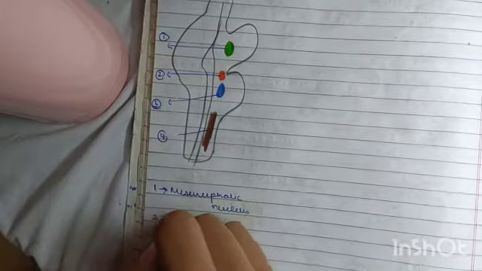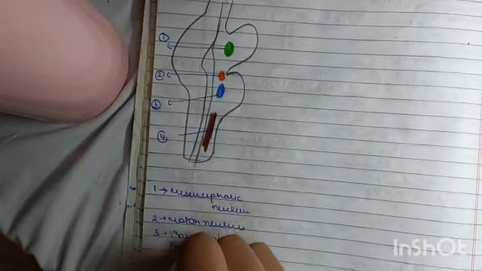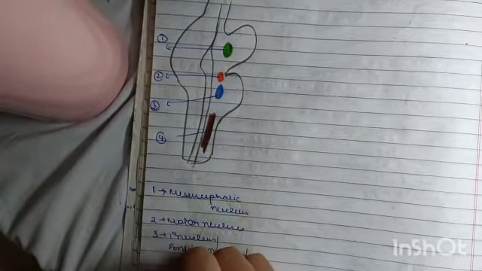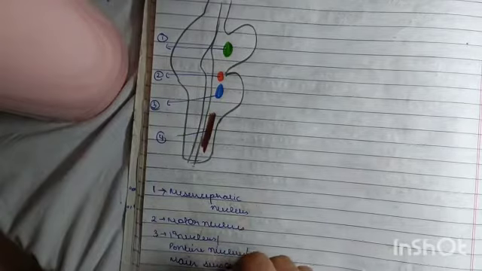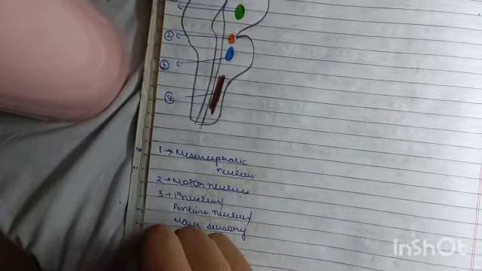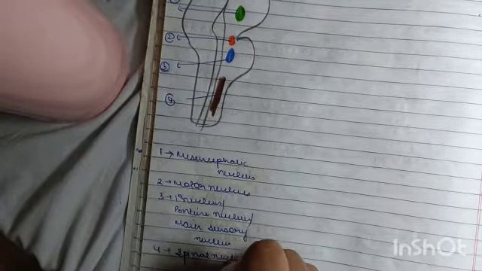The third one is the primary nucleus or the pontine nucleus, or the main sensory nucleus. Now, the fourth one, which is the bigger one, is the spinal nucleus. Now, their functions.